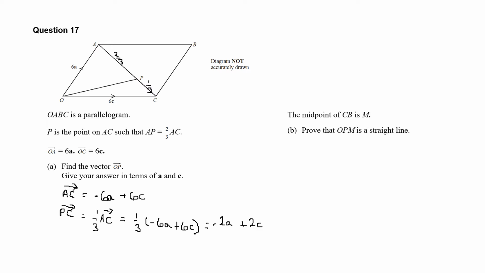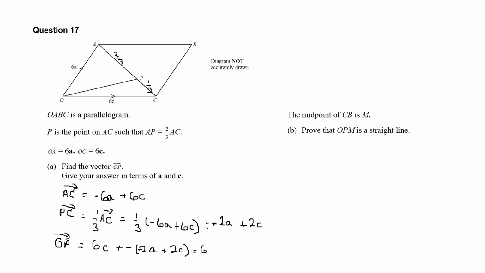Now I'm going to go from O to P. So I'm going to go OC, which is 6C, and then I need to do CP. I've got PC, so CP will just be the negative of negative 2A plus 2C. So I'm going to have 6C plus the negative of negative 2A plus 2C.